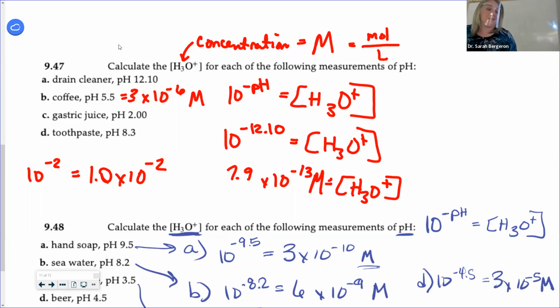Right? That's C, not A. D is 10 to the negative 8.3. What do I get? I got 5 times 10 to the negative 9.